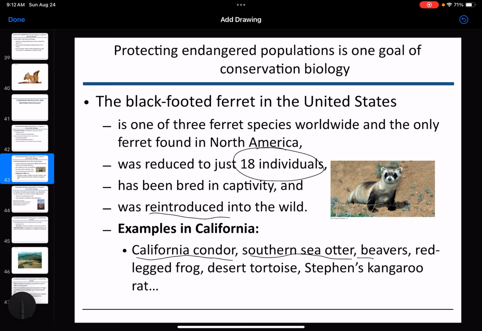Beavers that you can see pretty close if you were to go up to the lower eastern Sierras. You can get to locations where you can find populations of beavers. Red-legged frog, that is part of the Southern California and down into Baja California. That's the range of this red-legged frog. Its numbers have declined, but we're looking to restore those.